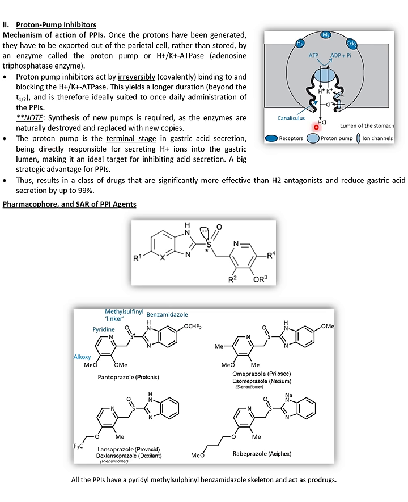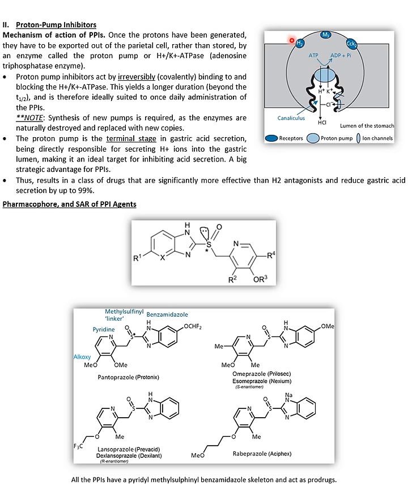What's unique about this method is that it's at the terminal stage of the production of the acid. What does that mean? It means that if we only inhibit the H2, then there are other ways to activate the synthesis and the production of the H plus, the acid. But what's unique about the proton pump inhibitors is they actually block this final stage.